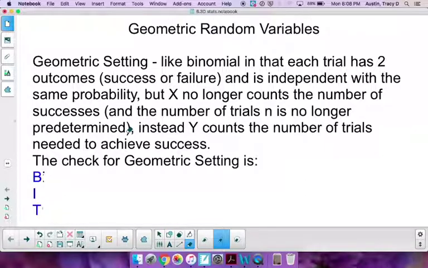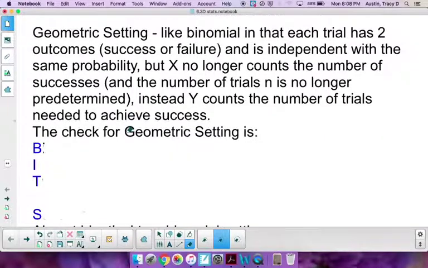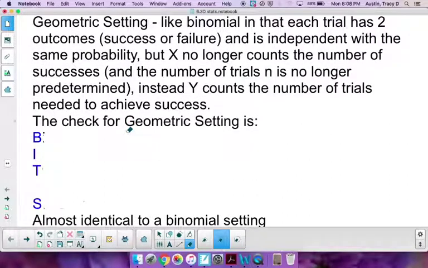Okay, so with binomial, the acronym that we had for describing it was BINS, B-I-N-S, remember? Binary, Independent, Number of trials, and Success. So geometric is very close to it. Instead of BINS, it's BITS, because again, the number of trials is no longer predetermined. But B still stands for the same thing. B is still binary.